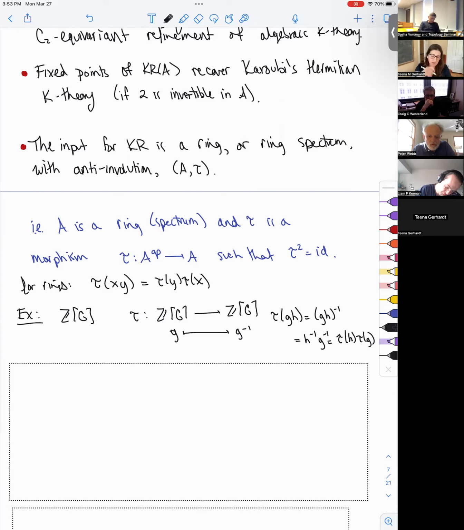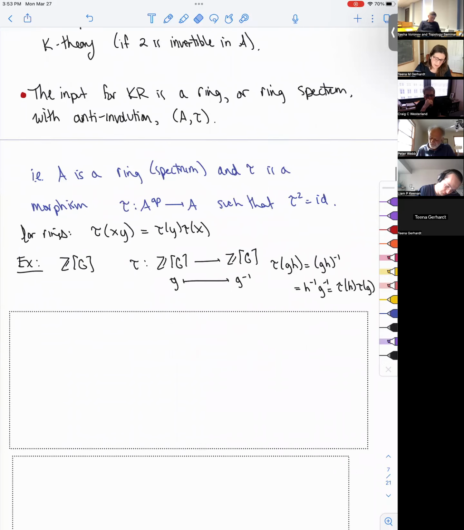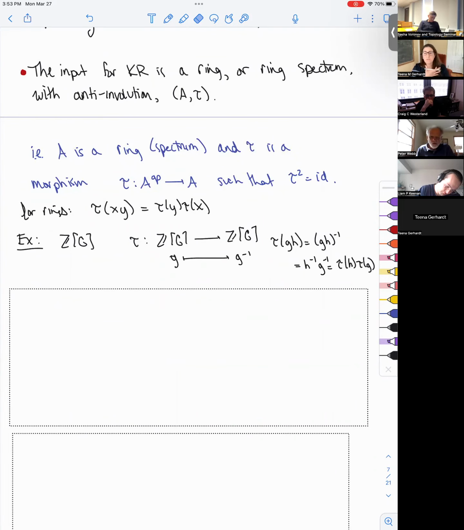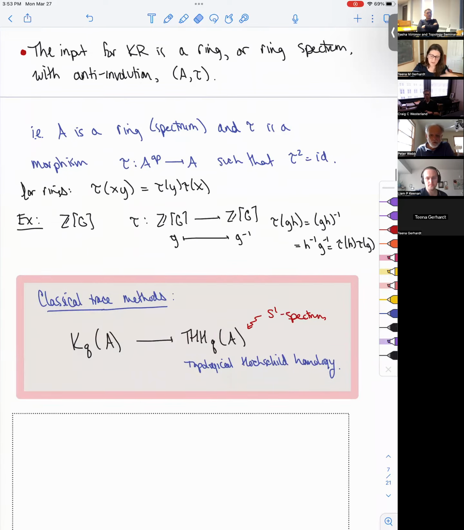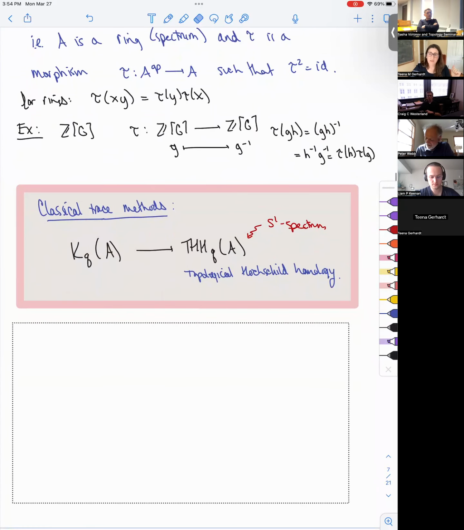There's a lot of interest in this, so one could ask a very natural question. For algebraic K-theory, there was this whole story of trace methods, and that turned out to be really fruitful in understanding algebraic K-theory. There's been huge progress in K-theory over the last 30 years due to trace methods. So one could ask whether that classical story of trace methods has an analog for real algebraic K-theory.